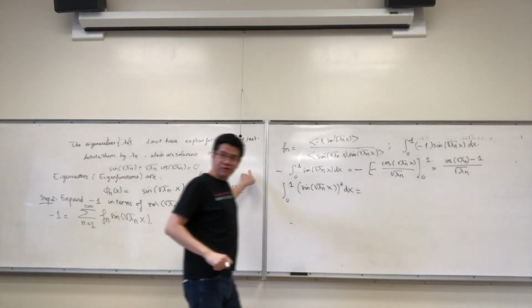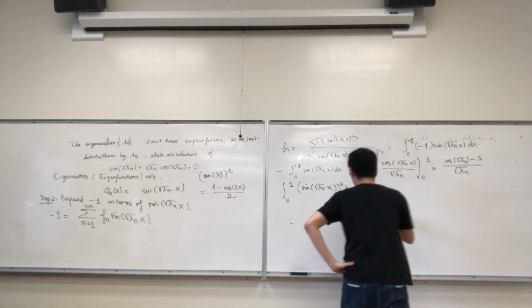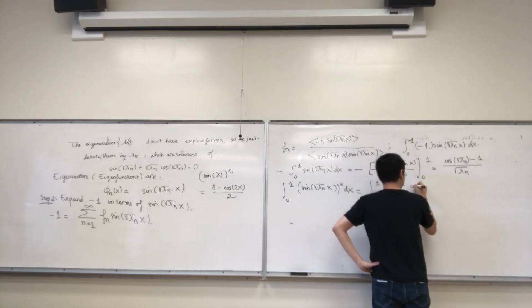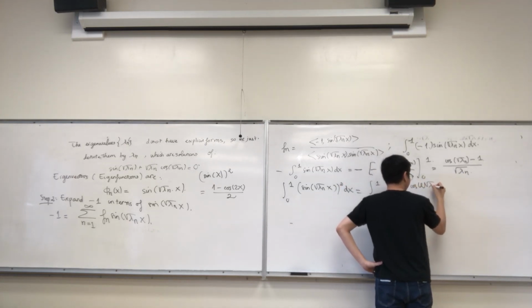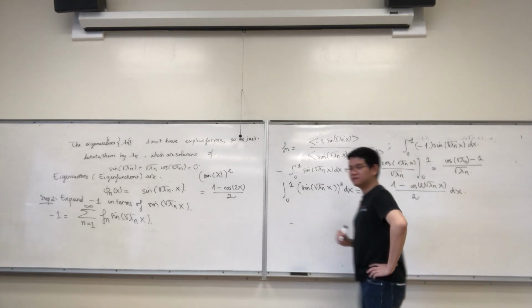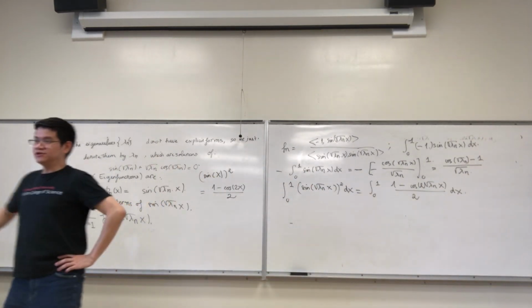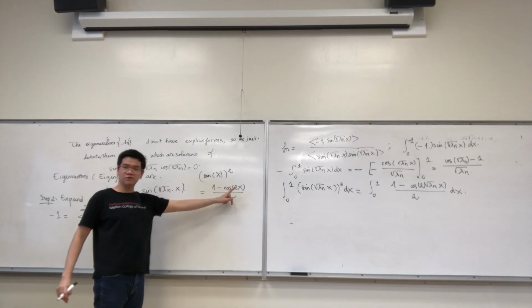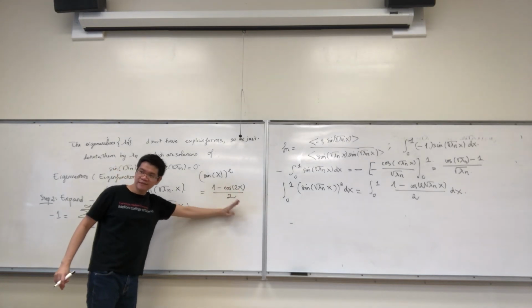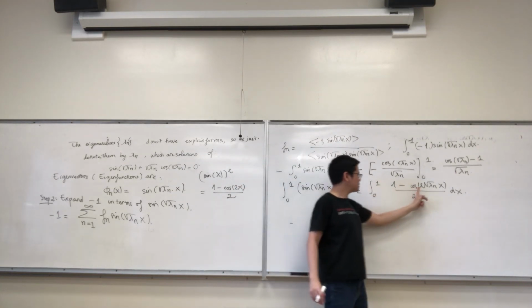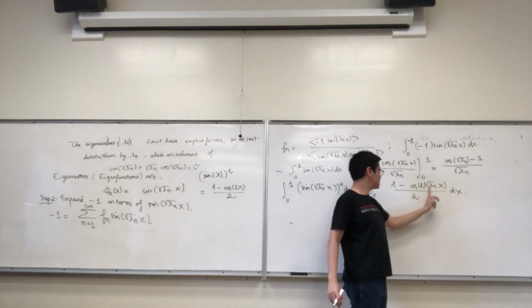So I'm going to use this formula here. So I'm going to have the integral from 0 to 1 of 1 minus cosine of 2 square root of lambda n x, divided by 2, dx. So sine x squared is 1 minus cosine 2x divided by 2.